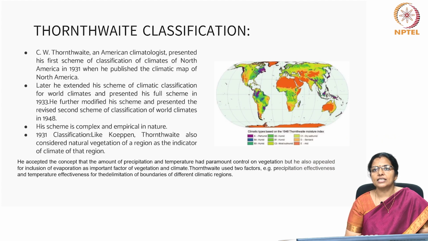Thornthwaite emphasized the role of natural vegetation in indicating climate and recognized precipitation, temperature, and evaporation as key factors. He used precipitation and temperature effectiveness to delineate climatic boundaries. By considering these factors, Thornthwaite's scheme offers insight into the complexities of climate, highlighting the interplay between natural elements and their influence on regional climates worldwide.